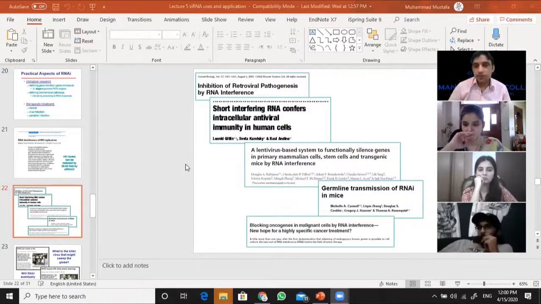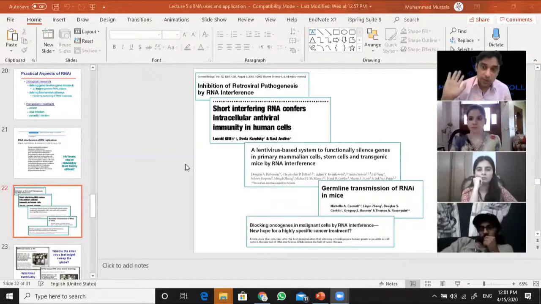The answer is yes. It's like a disposable stuff. If we have 10 interference molecules out there, they will go and destroy the function of the messenger RNA, and then they are consumed. Finished. The new messenger RNA will not be compromised because there is no small interfering RNA left. There exists no extra small interfering RNA out there.